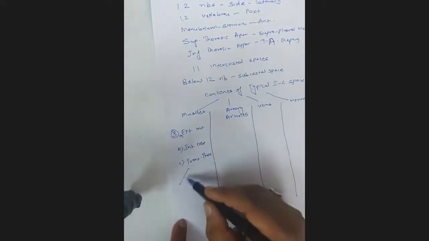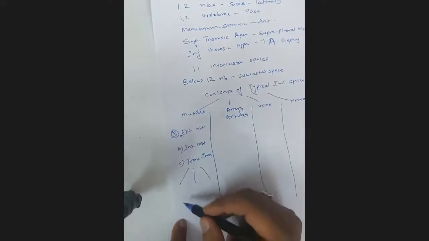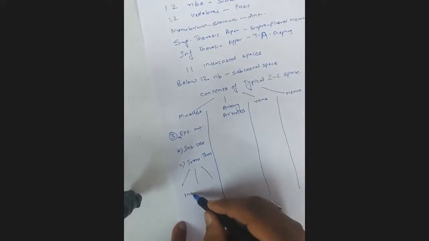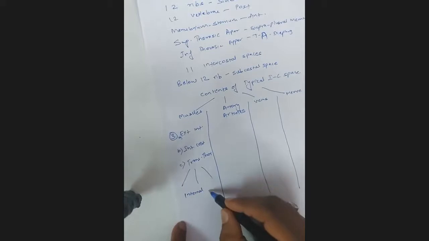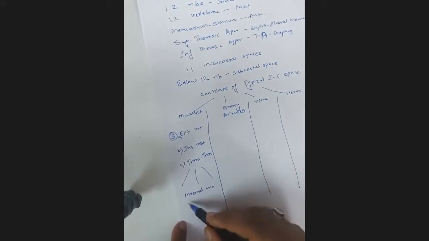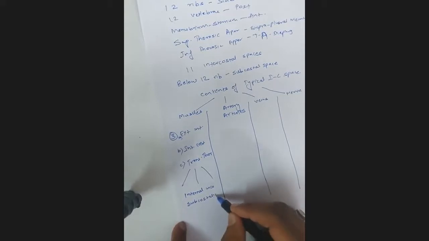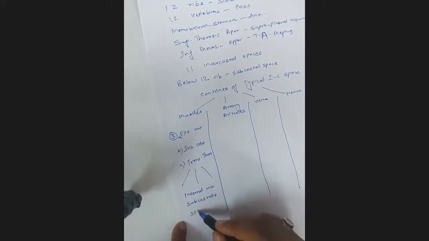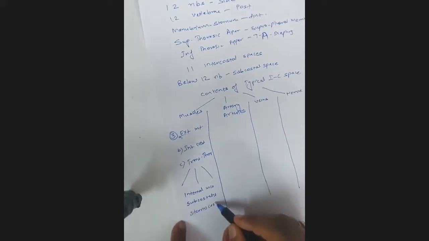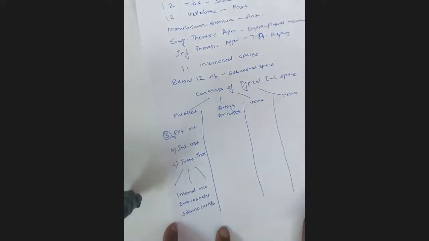This transversus thoracis has 3 components: innermost intercostal, then subcostalis, which is there posteriorly, and sternocostalis, which is there anteriorly.